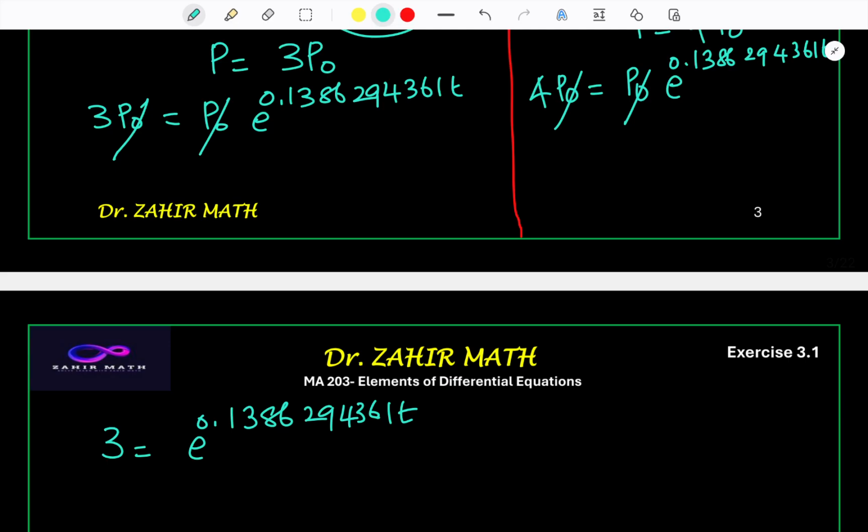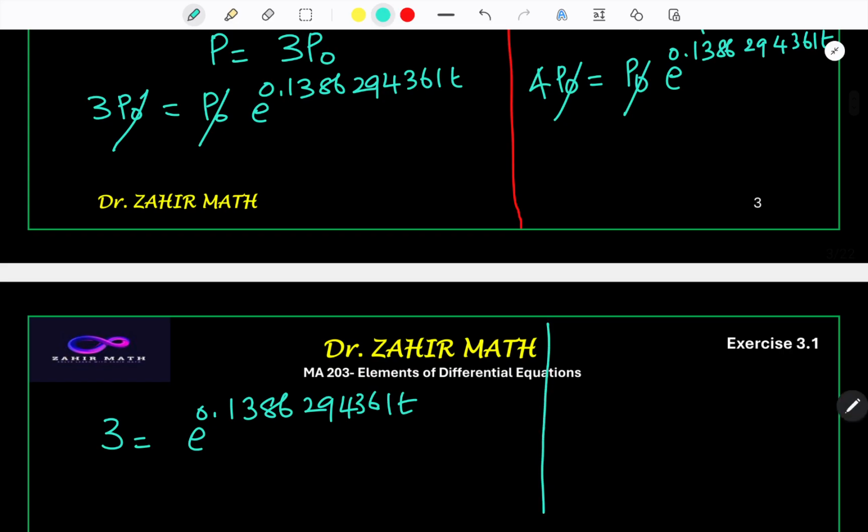Put it in the calculator, the same idea which I told you. 3 alpha equals alpha e power 0.138629436 bracket open alpha x bracket close, shift calc equal.